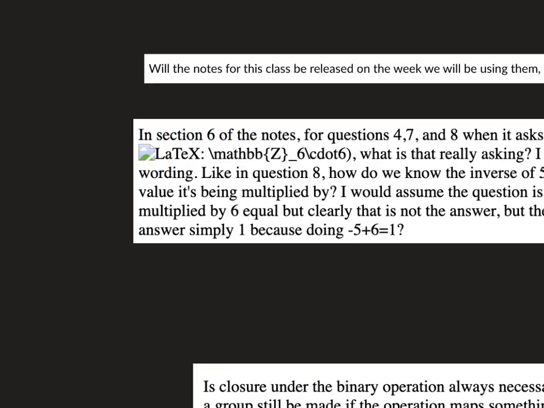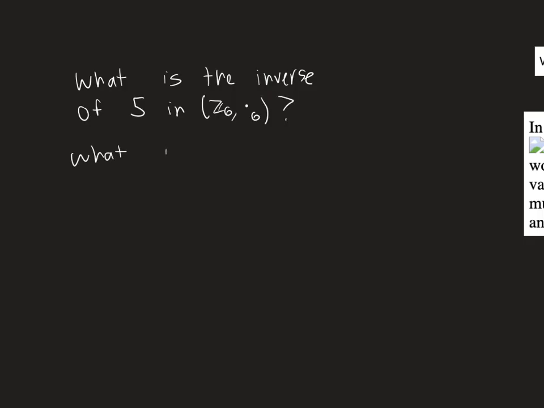So let's say, what is the inverse of 5 in Z6 with multiplication mod 6? And then let's do several.